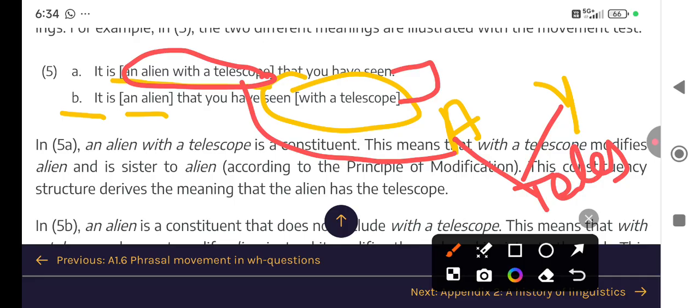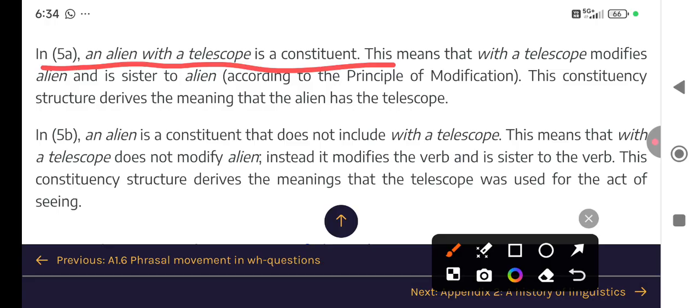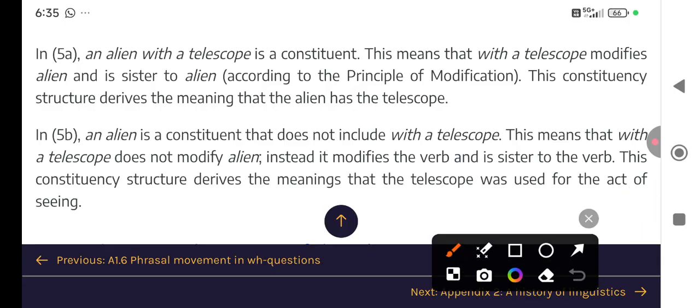Here you have changed the position of with the telescope, so the meaning changes, because you are using the telescope. In 5A, an alien with a telescope is a constituent, which means that with a telescope modifies alien and is sister to alien, according to the principle of modification.